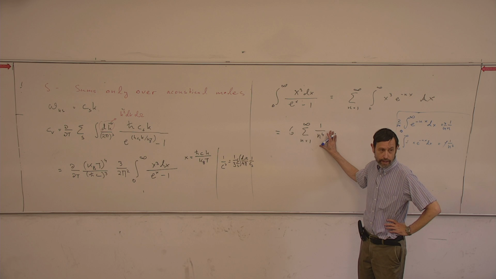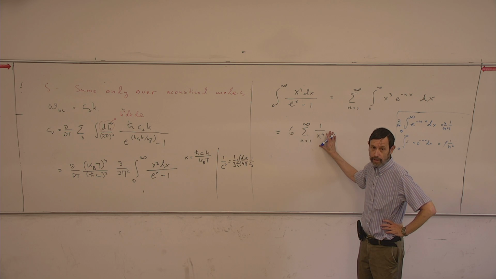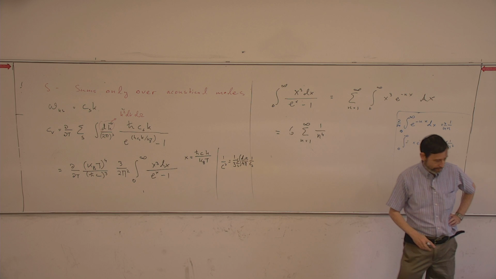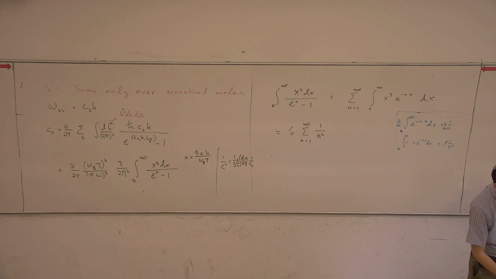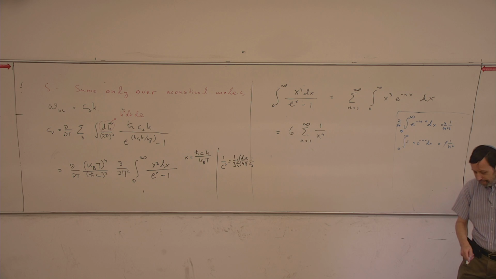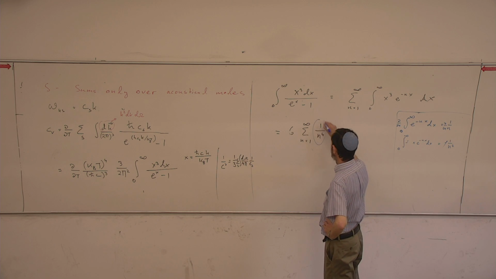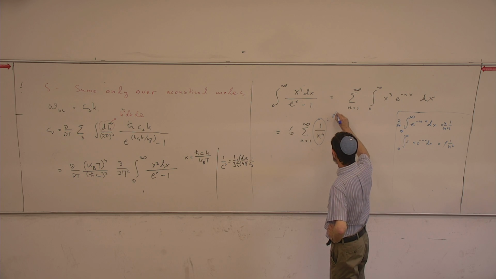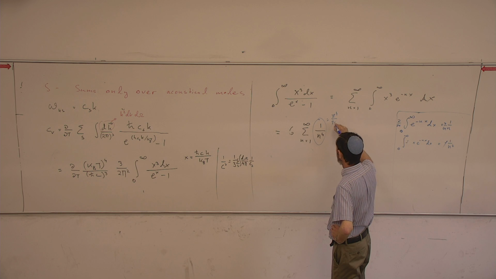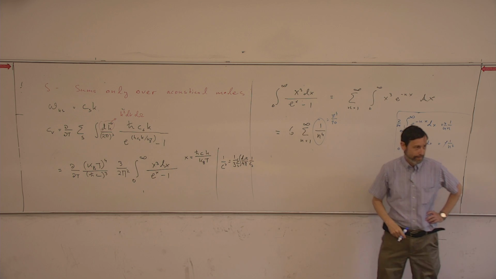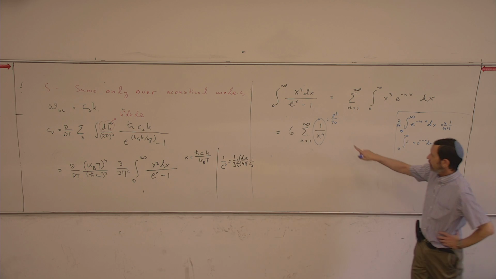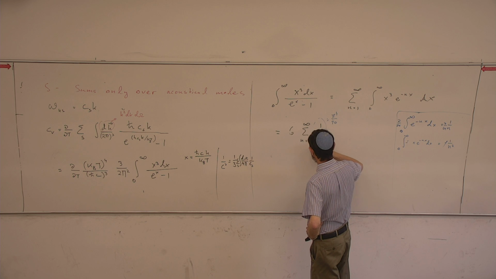And that is a series that Euler has already summed up. Now the real numbers with pi: pi to the 4th over 90. Exactly.